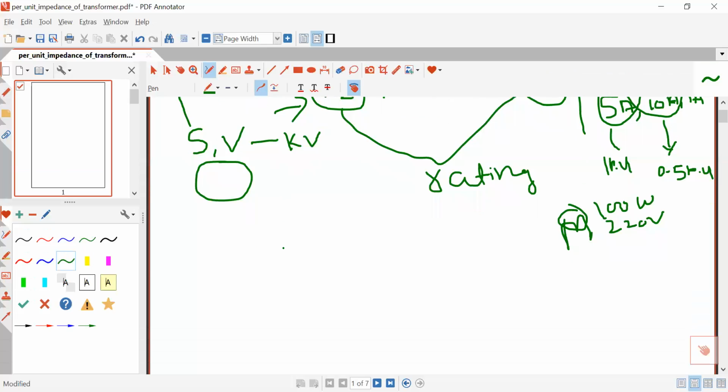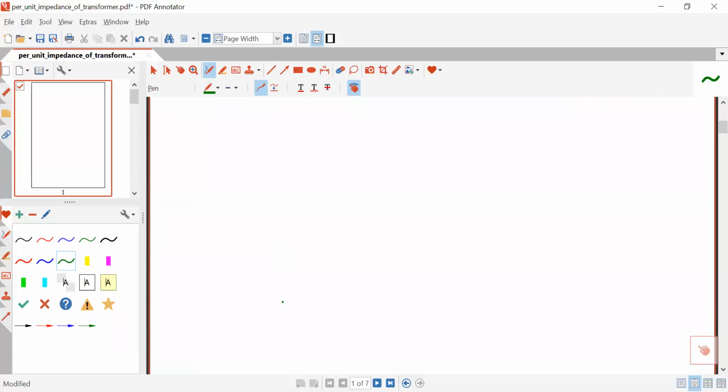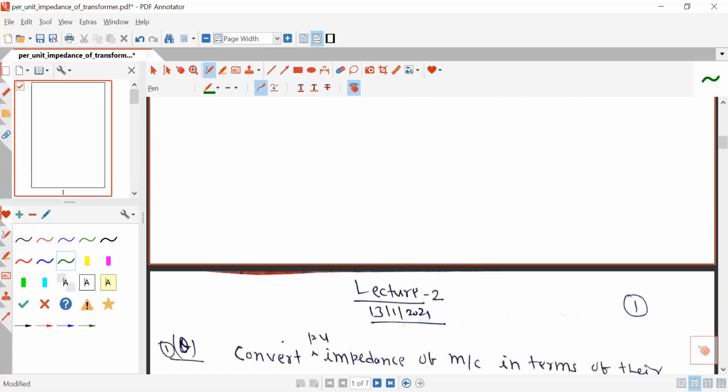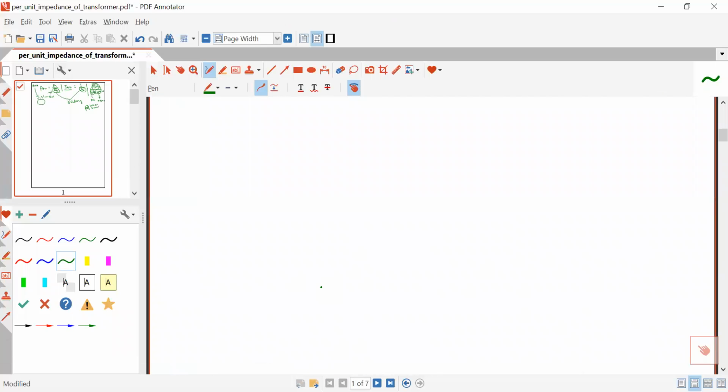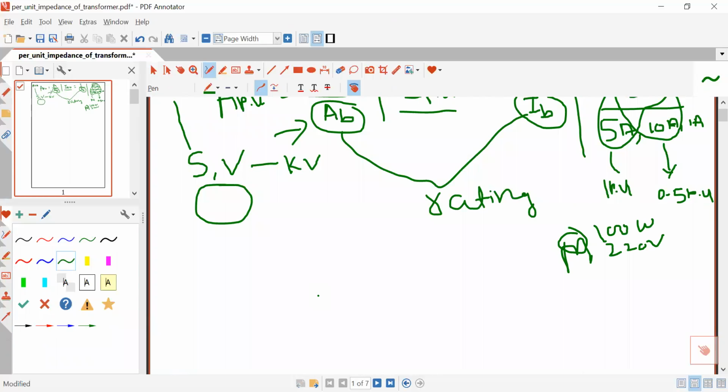So let us consider the first question. The first question is, convert per unit impedance of the machine in terms of rating. How will you write the per unit value of impedance, which is given in per unit, in terms of the rating of the machine?